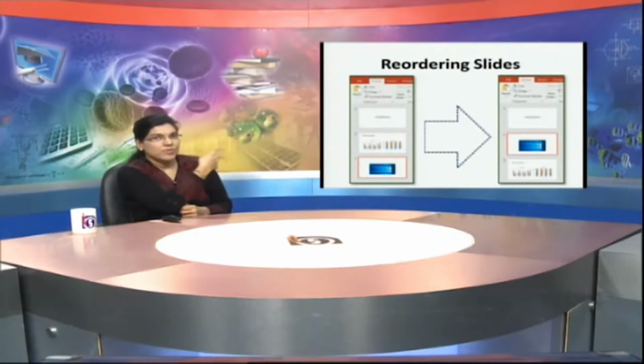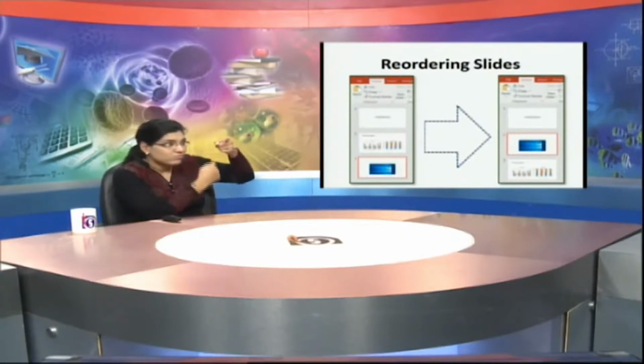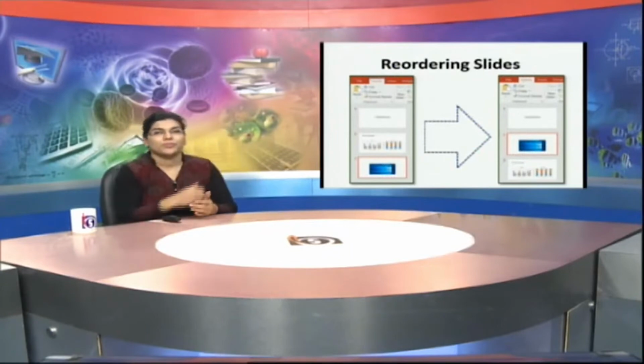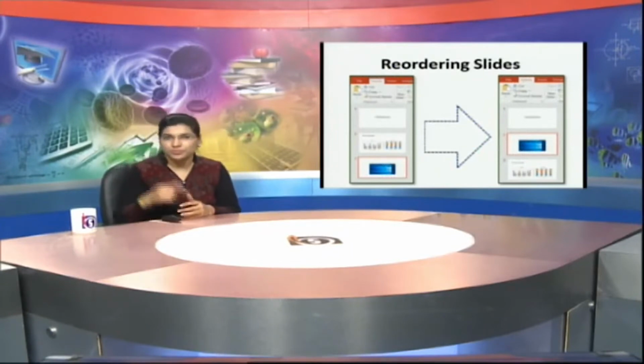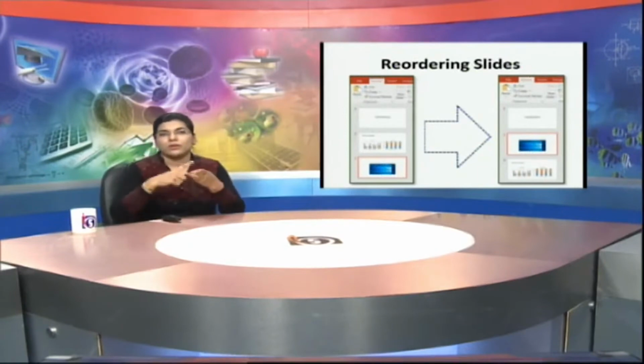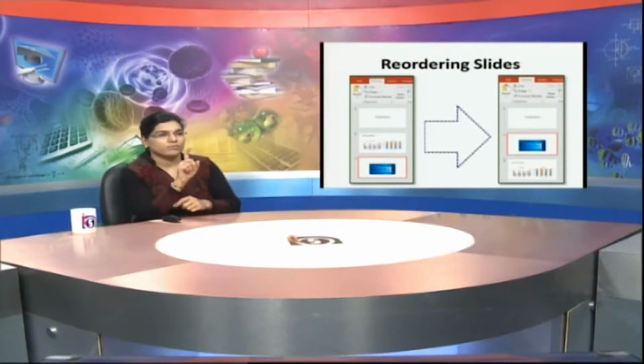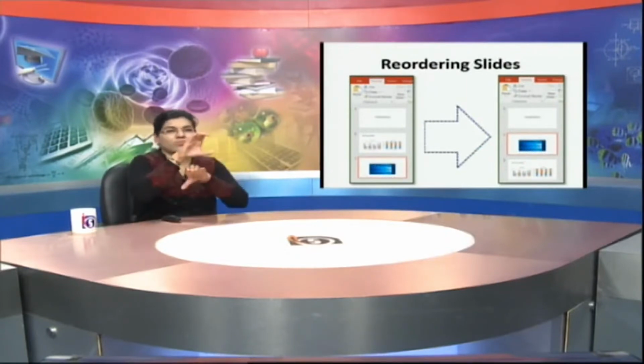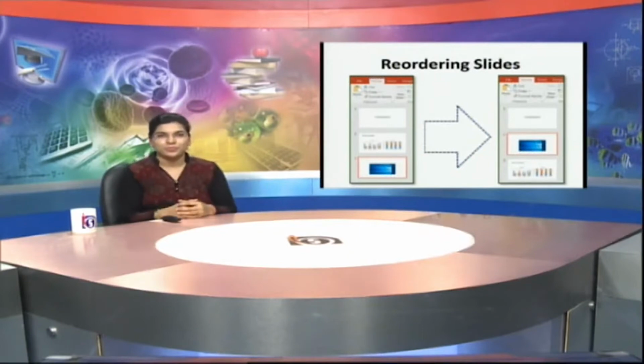The second became third and the third became second. We can do that by selecting the particular slide. I hope you all understand how to do it. It is known as reordering. Again, shuffling.